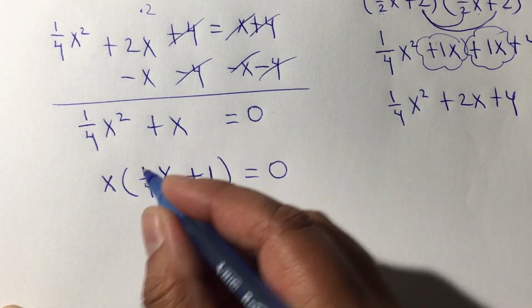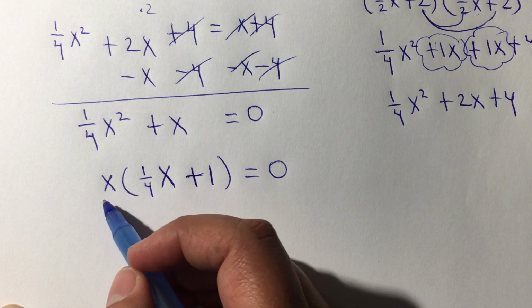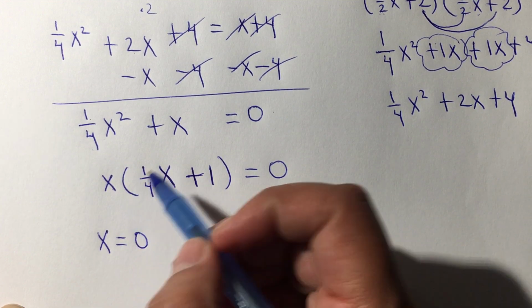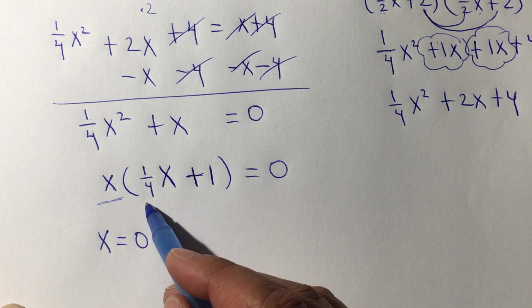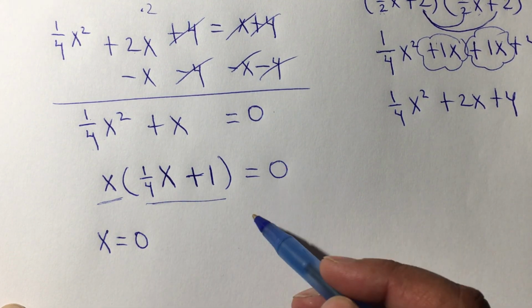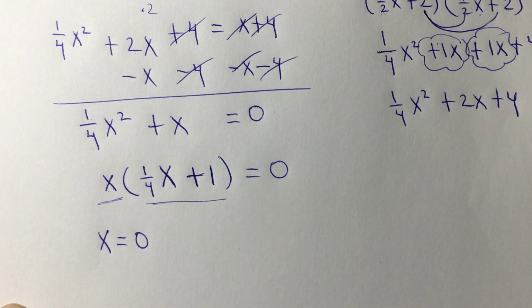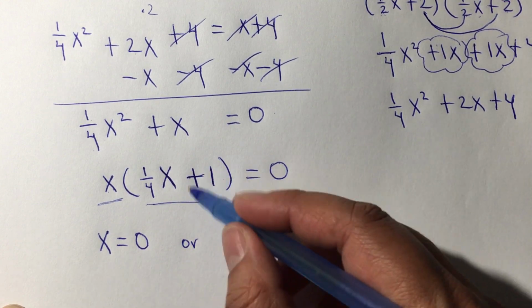Now in here, whenever we have only one term with an x outside, that means that the value of x will be 0. Why? Because it means a factor multiplied by another factor equals 0, so one of them has to be 0. For this to be 0, you just put x equals 0. Or for the next one, it is the opposite.